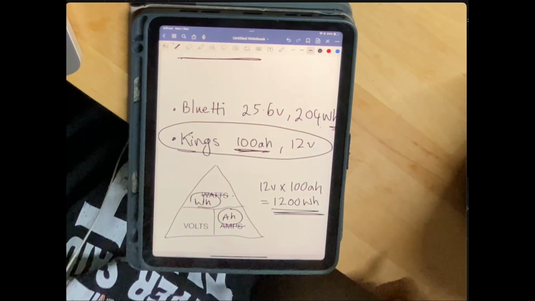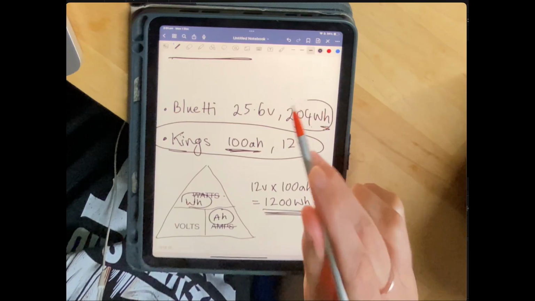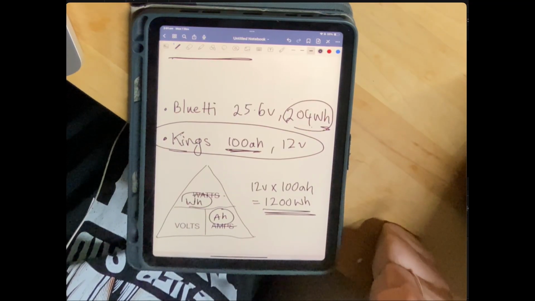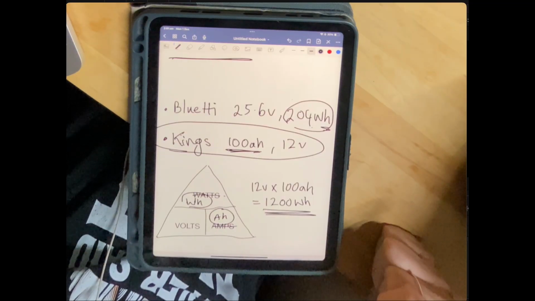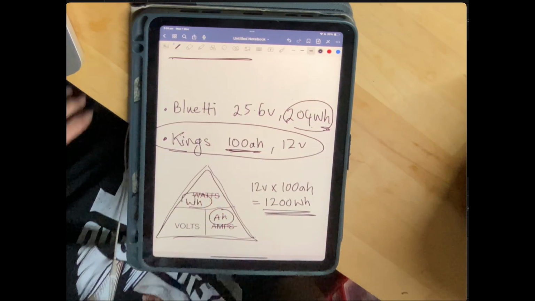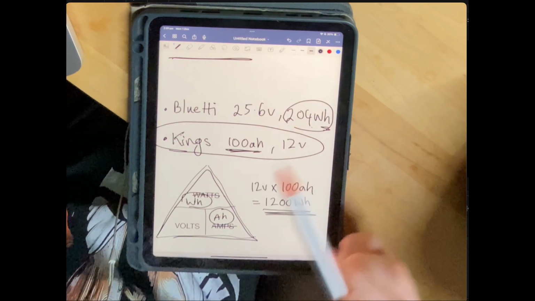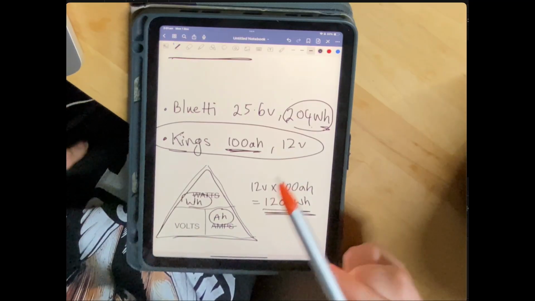Holy dooly. 1200 watt hours versus 204 watt hours. That is so much bigger than the Blue Eddy. But if you didn't know this simple calculation, you might have thought, oh yeah, I don't know what they mean. 100 amp hours is probably about the same as a watt hour.